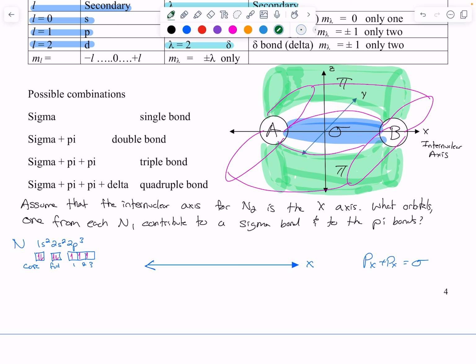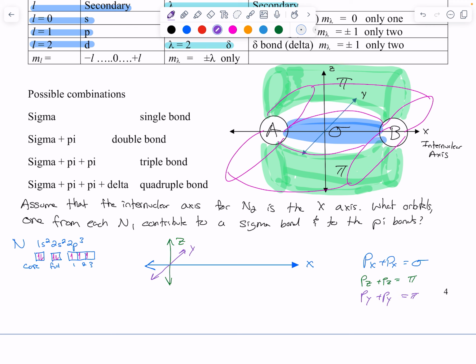Well, if vertical is going to be y, no, vertical is going to be z. All right? So vertical z, pz plus pz can be a pi, just like in this picture above. And then we have y, so py plus py can be a pi.